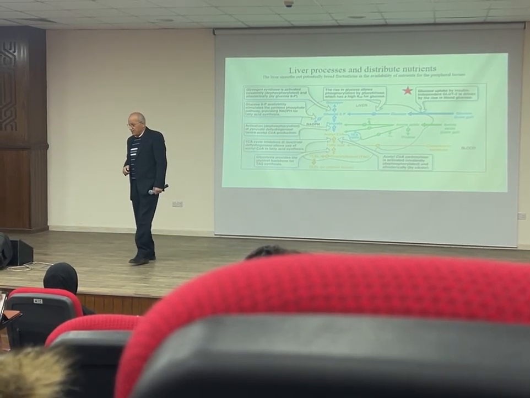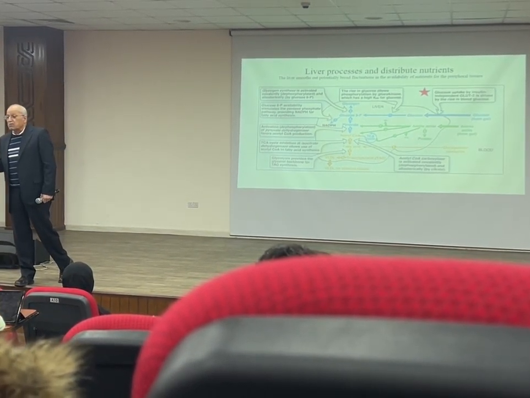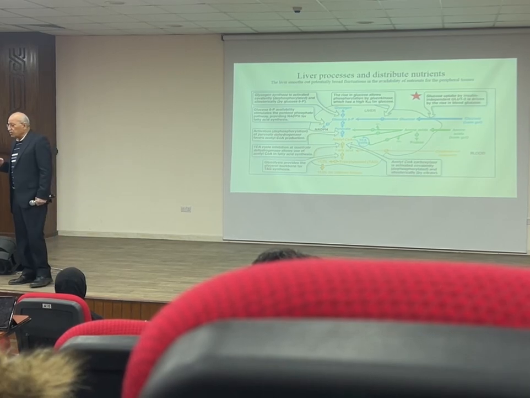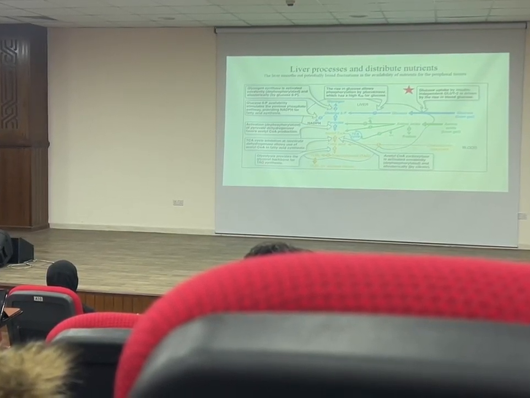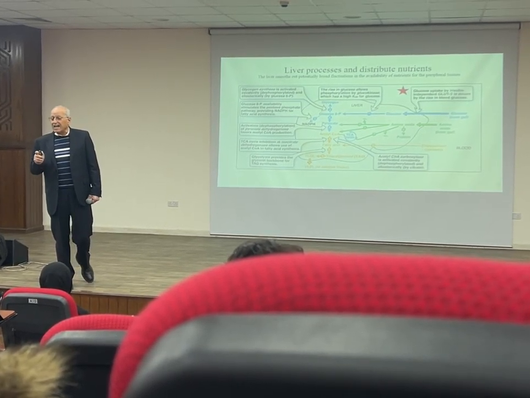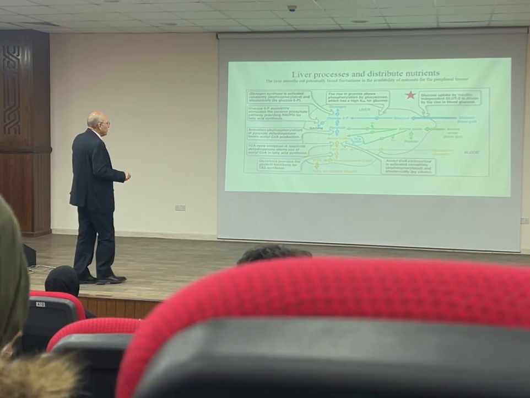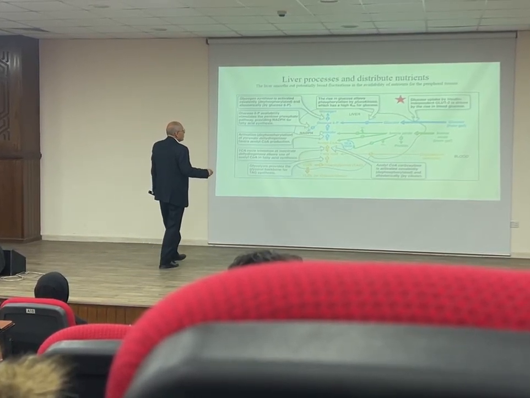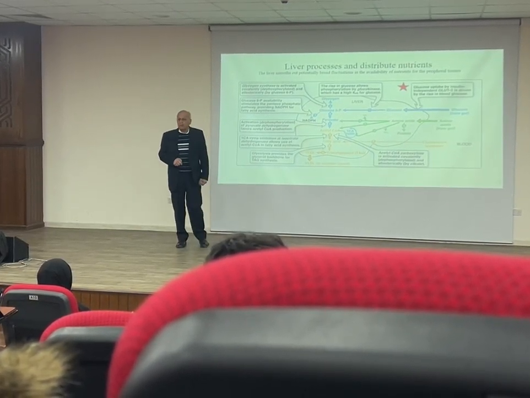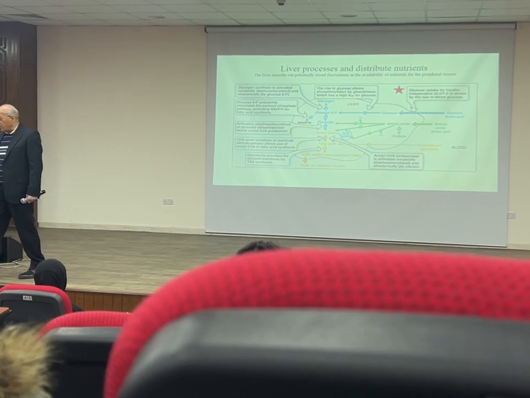Glycogen synthesis is stimulated by the effect of insulin on glycogen synthase and glycogen phosphorylase. Glycogen phosphorylase is inhibited, and glycogen synthase is induced by insulin as well as allosterically activated by glucose 6-phosphate. Some of this glucose 6-phosphate will go to the hexose monophosphate shunt pathway.